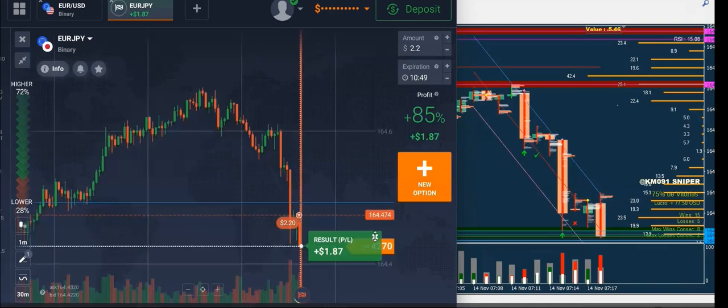Then if there are two or more ands, you can place the trade. But don't forget to identify the safest position where the trade should be placed. Got it?